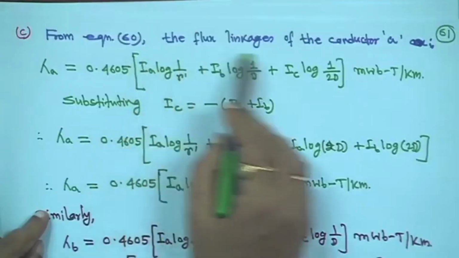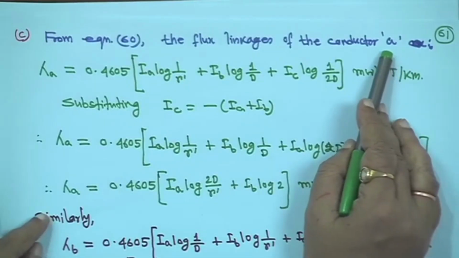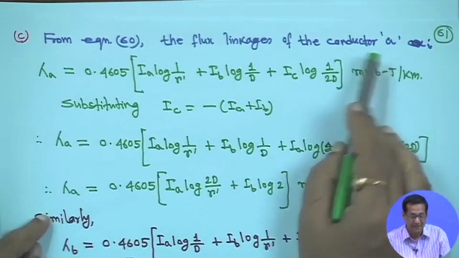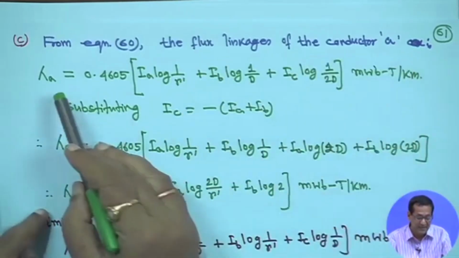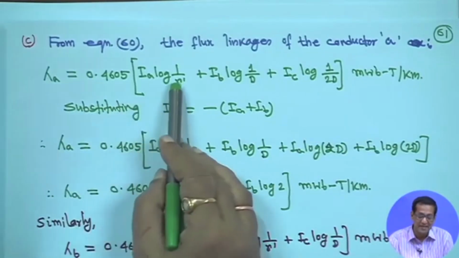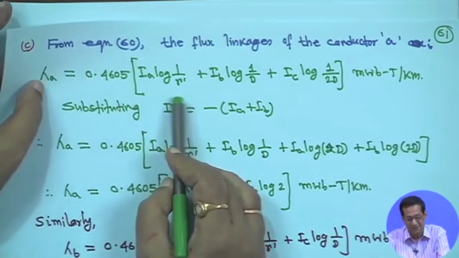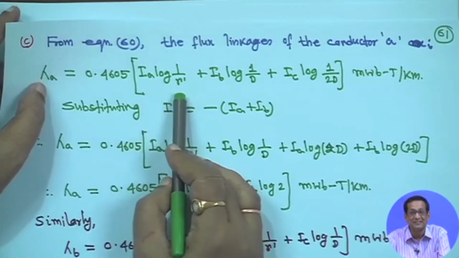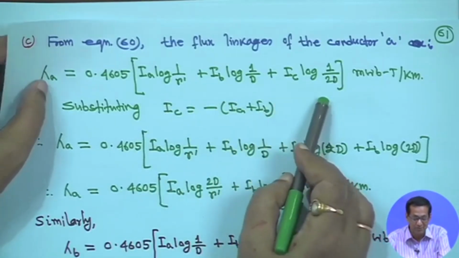Now part C. From equation 60, the flux linkage of the conductor A, we write lambda A is equal to 0.4605 IA log 1 upon r dash, plus IB log 1 upon d, plus IC log 1 upon 2d.